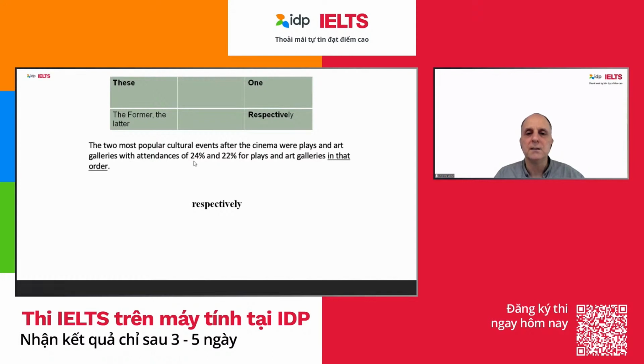So that's right. So 24% for plays, 22% for art galleries, respectively. Try not to overuse. I would recommend just 2 times. We could also use in that order or correspondingly as well, but be careful how you use it, like the example from earlier.